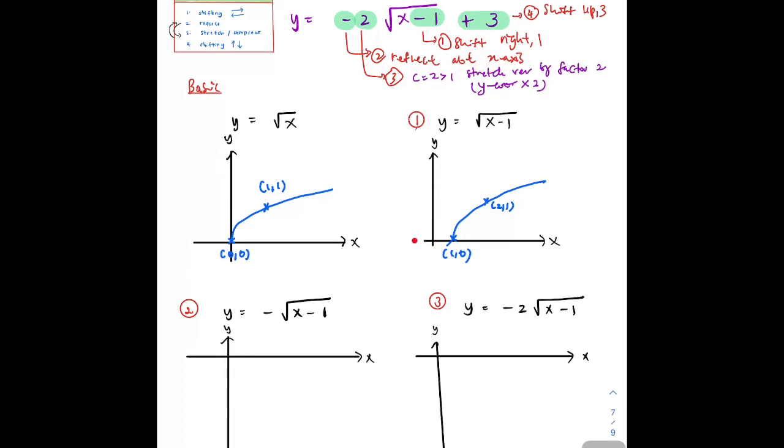So from this graph here, let's reflect here. Okay, this is as your mirror. So your graph will go down. This is going downwards. And then let's put in the coordinate. So 1, 0 will stay here, 1, 0. And then from 2, 1, now you have changed to 2, minus 1.